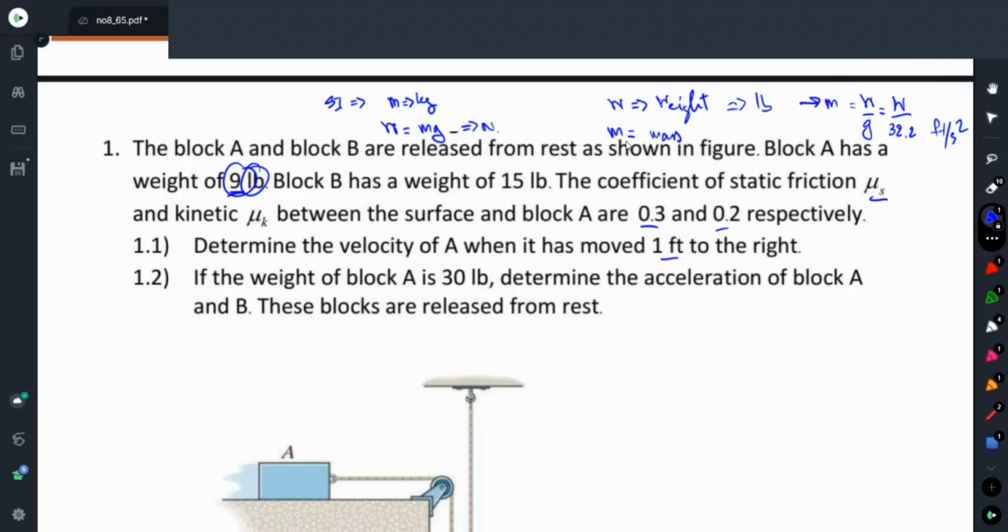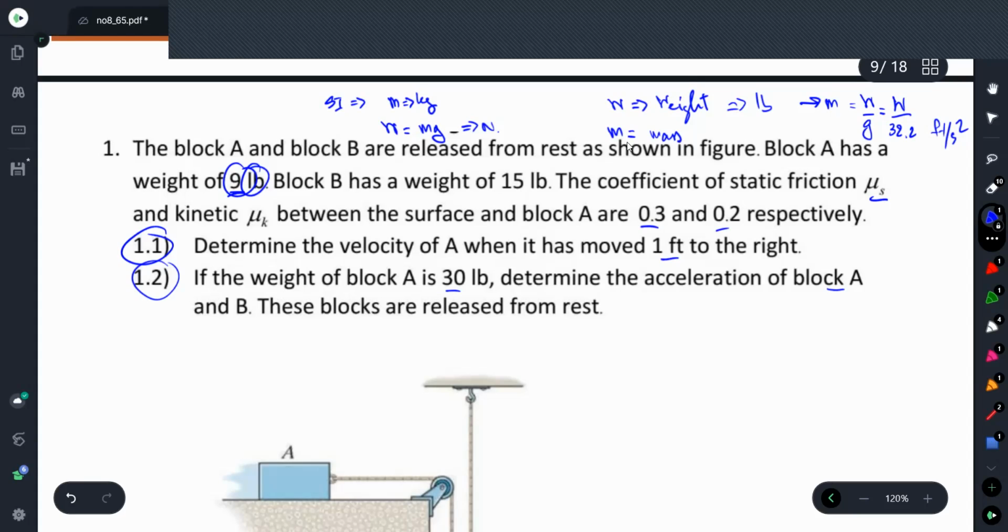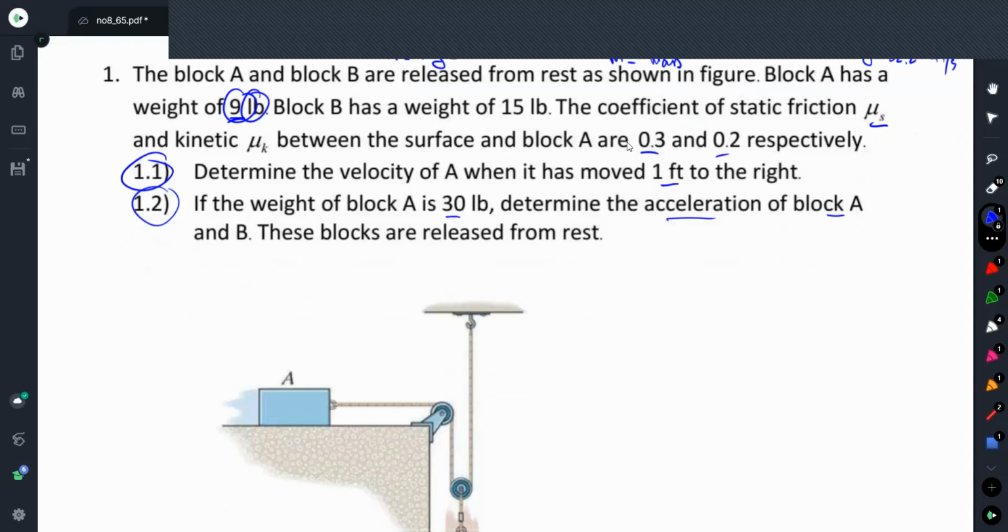This is the first question. For the second one, if we replace block A from just 9 pounds to 30 pounds, what happens? We would like to determine the acceleration of block A and block B for that case. Both blocks are released from rest.